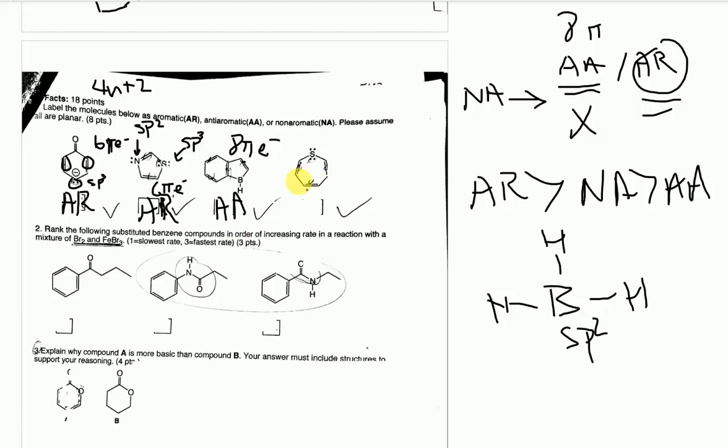All right, last one. So I have 2, 4, 6, and now this is an sp3. So I need to consider bringing in one of these lone pairs, and so this is going to be 2, 4, 6, 8. 8 in total. It starts off as non-aromatic because we have an sp3 atom.